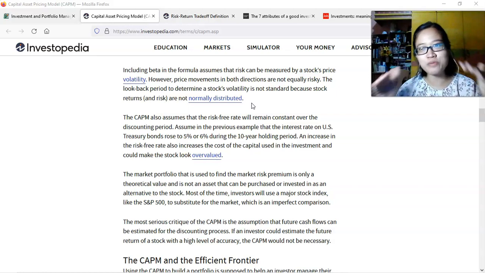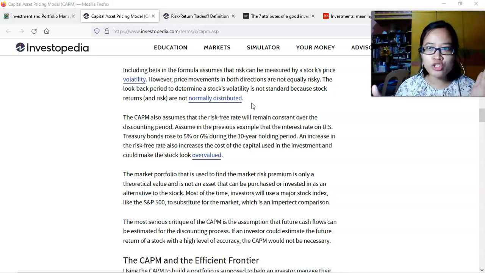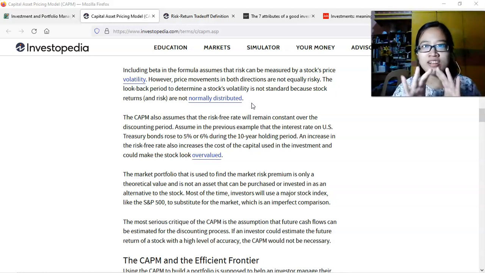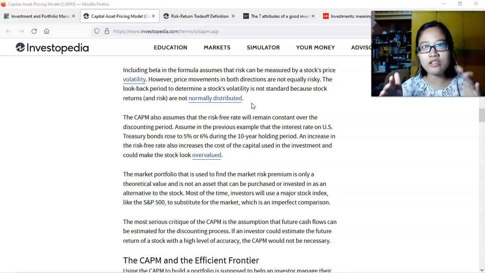Okay, so kumbaga hindi siya normally distributed, such that yung possibility of loss niya maximum is 150 pesos per share, pero yung possibility of profit hanggang 100 pesos lang naman. Okay, so it's a very risky investment, pero hindi equal yung riskiness niya with regards to the possibility of return. So, yeah.